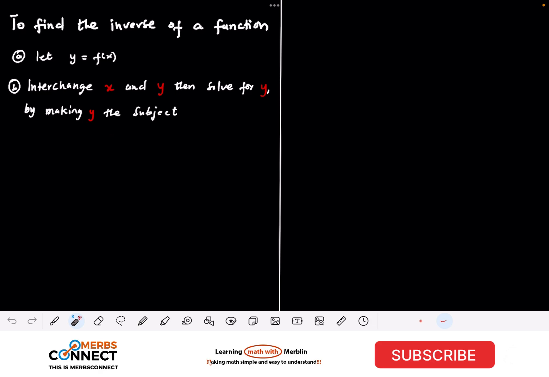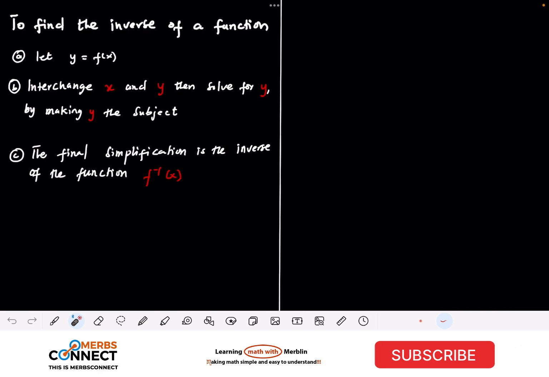That's the second step. Now, let's look at the third step. The third step is the final simplification, which is the inverse of the function. After you have interchanged x and y and solved for y, with the simplification and everything, the final answer you get is going to be y is equal to something. That y becomes the f inverse of x, right?